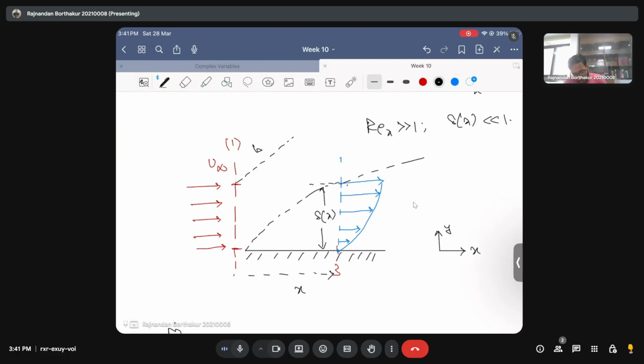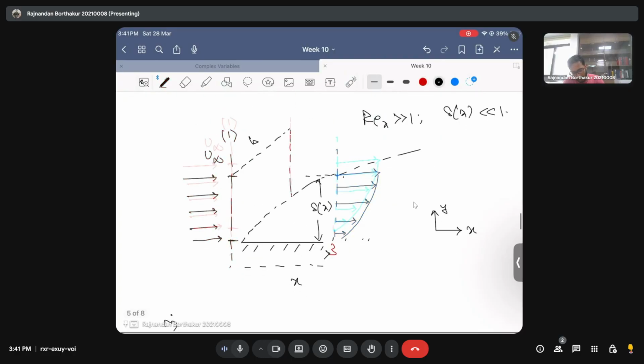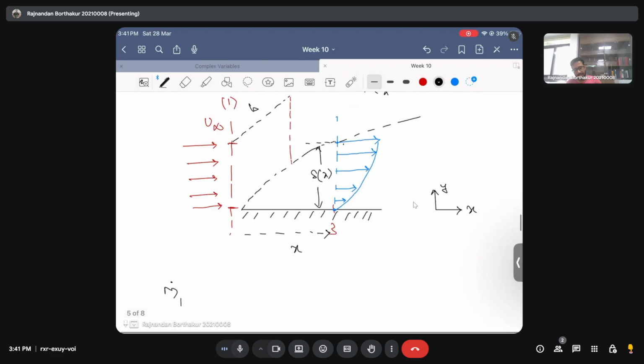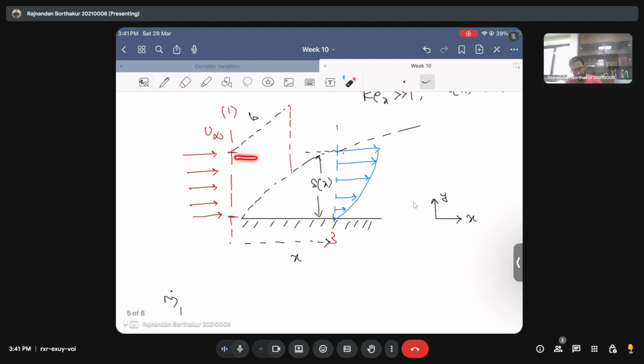Okay, so if I calculate the mass flux that is coming into this section, m dot at 1 is the mass flux that is entering through section 1, that is typically the fluid that is coming in just before it enters the plate. I can tell that this mass flux is equal to what?